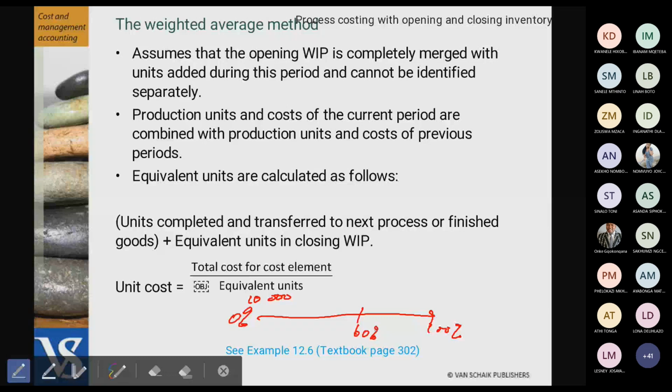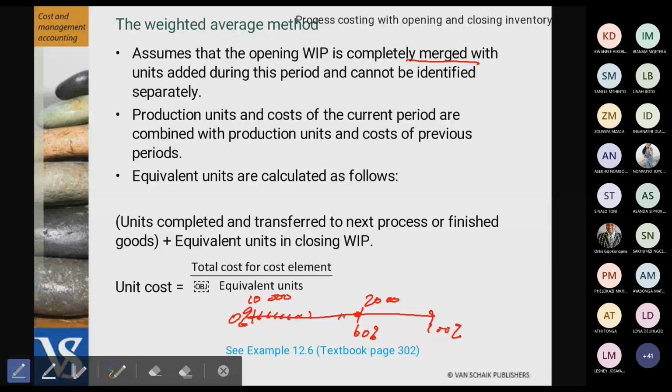So all in all, what we're saying is we are going to work with 10,000 units up until the 10,000 units also reach 60%. Then we combine those units with the opening that we have that is sitting at 60% already. Production units and cost of the current period are combined with production units and cost of the previous period.